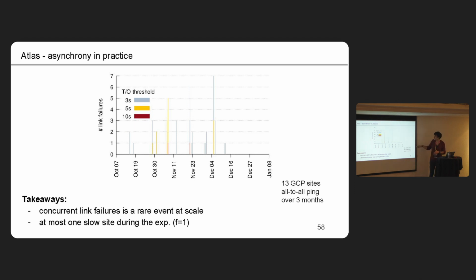The experiment was executed over 3 months, at 13 sites on Google Cloud Platform, where the machines are pinging each other, and you count the number of times you have joint failures. You can see that it makes sense to have a small number of failures, at least from the perspective of link failures. In this very experiment, the number of failures was at most 1.